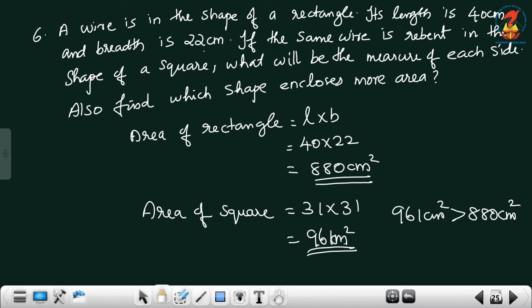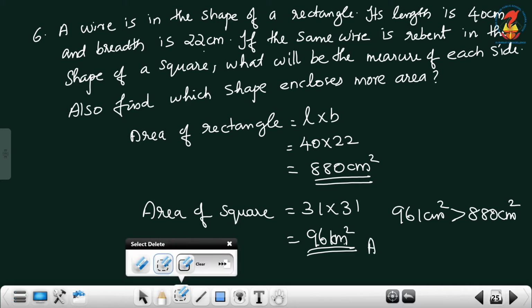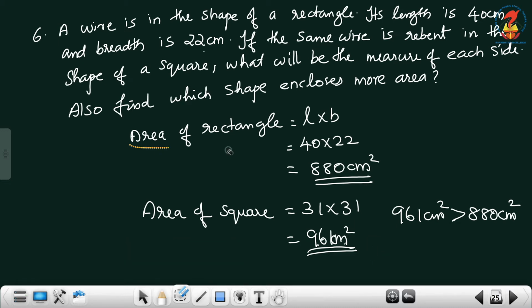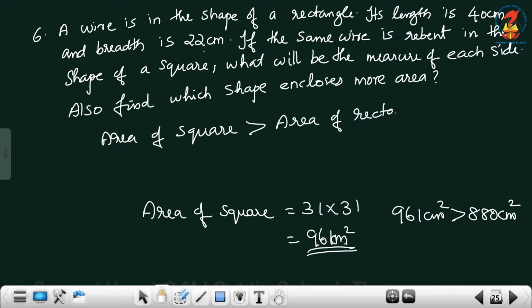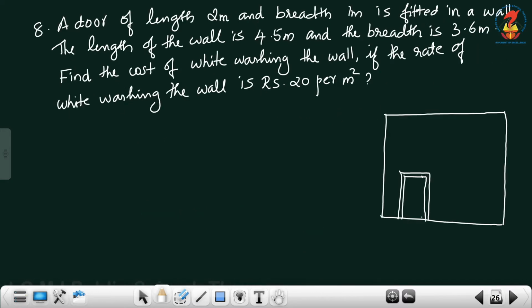Area of square is greater than area of rectangle.